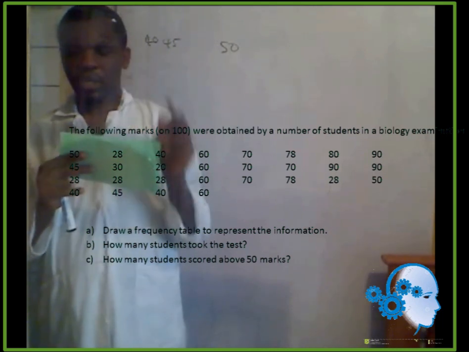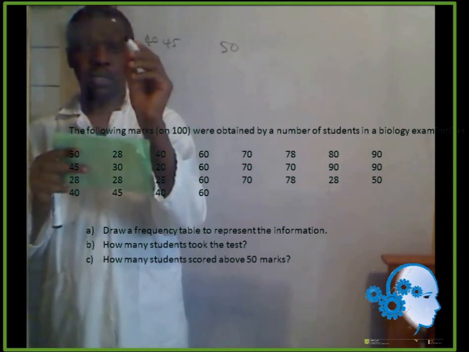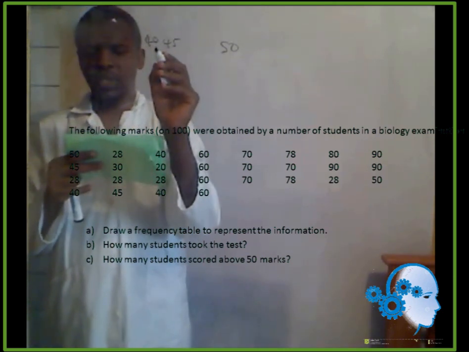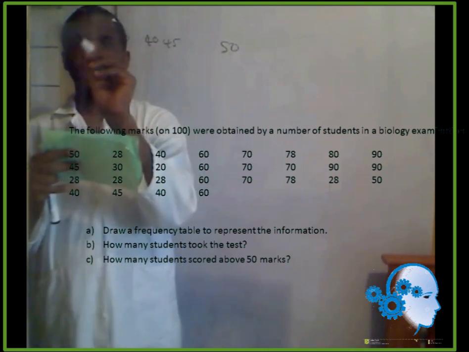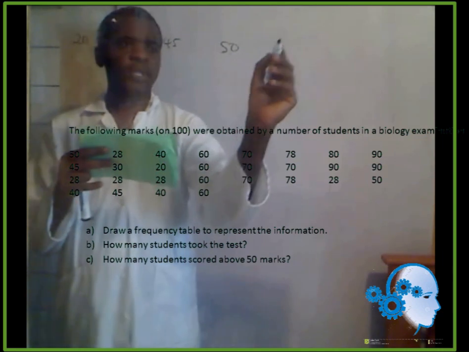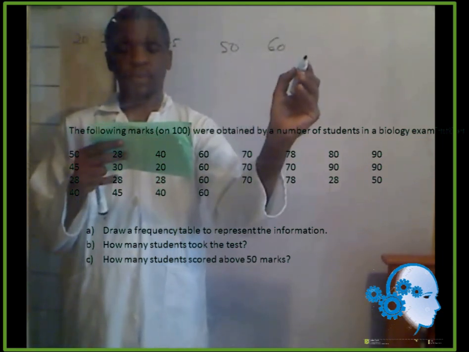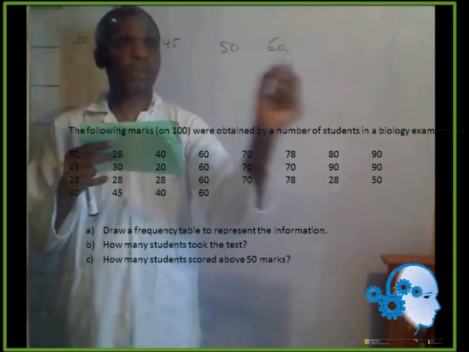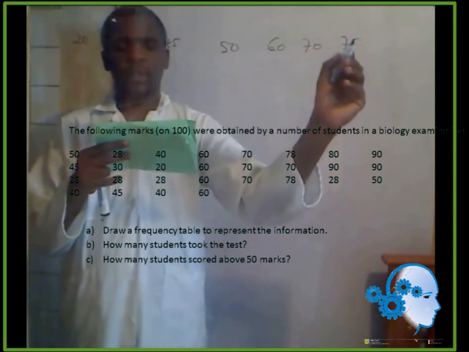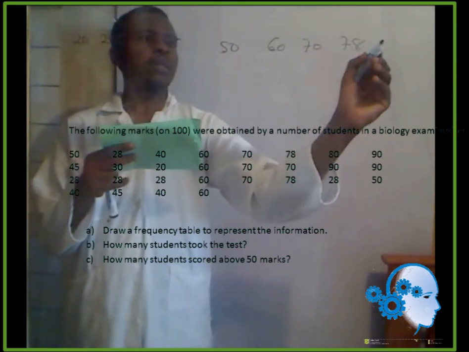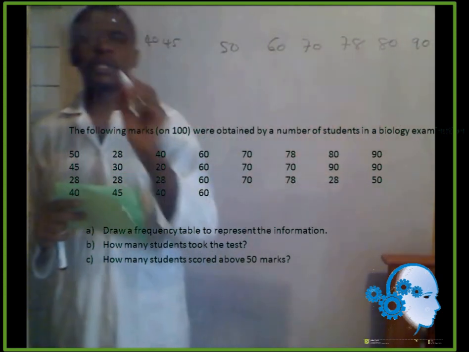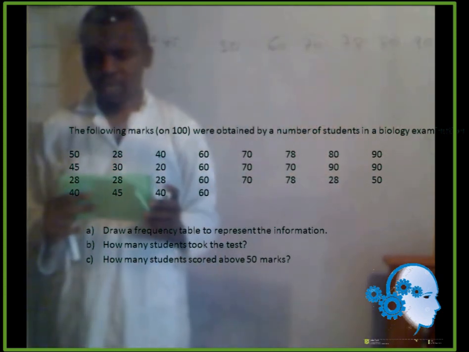There is 28, there is 30, 28, there is 45, there is 40, 20, 28, 45, I have 60, 40, 70, 78, 80, and 90. So these are the different types of numbers that are in that data.